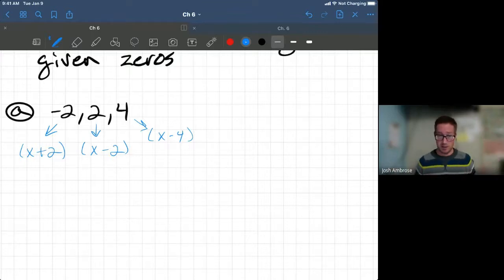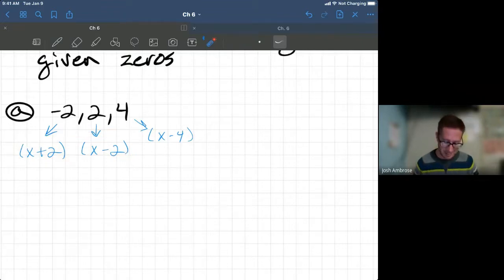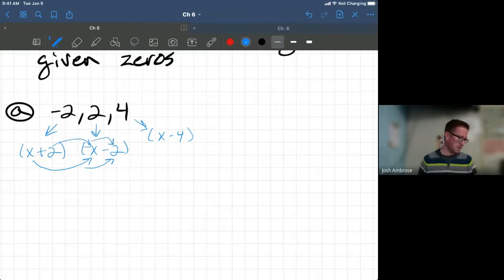Let's start by multiplying two of these together, getting a polynomial, and then multiplying the last binomial into it. If we multiply the first 2 binomials, x plus 2 and x minus 2, it's the same thing as FOIL. You have x times x, x times -2, then 2 times x, and 2 times -2.